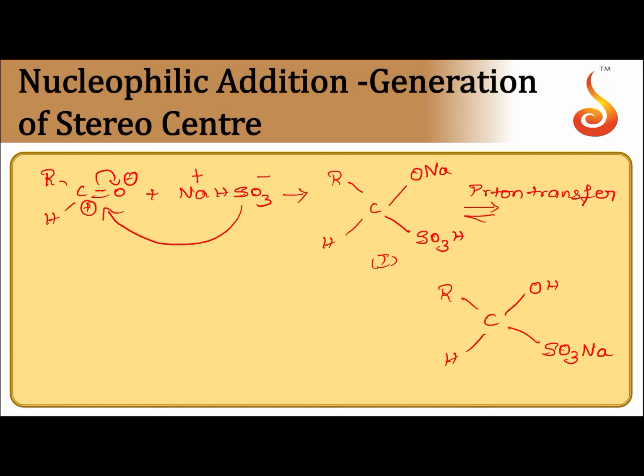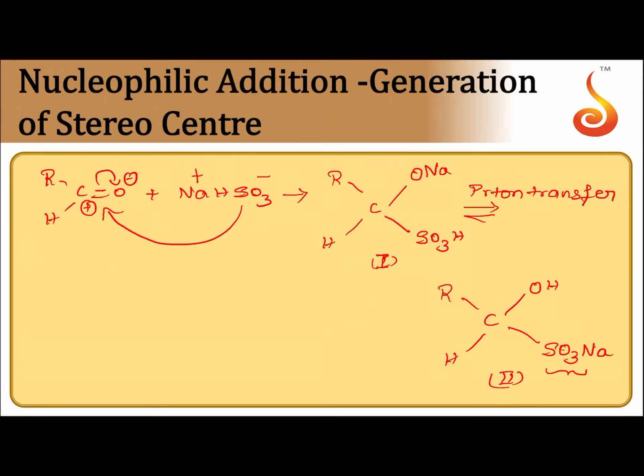Okay, what is the driving force for the proton transfer from 1 to 2? The proton in product 1 is transferred to give another product, 2. Why should the proton get transferred?